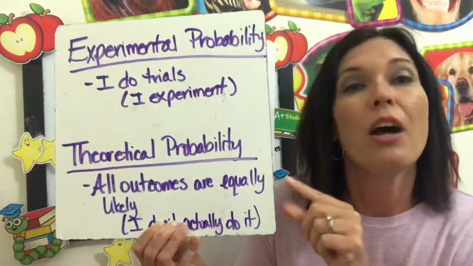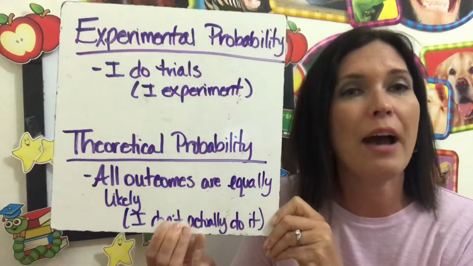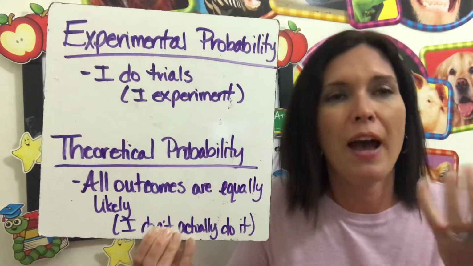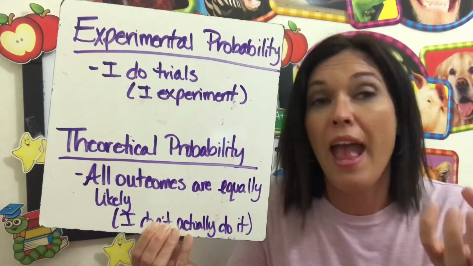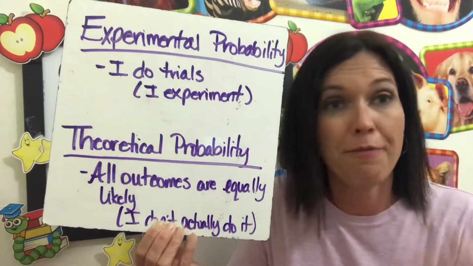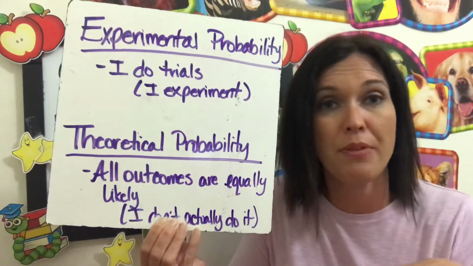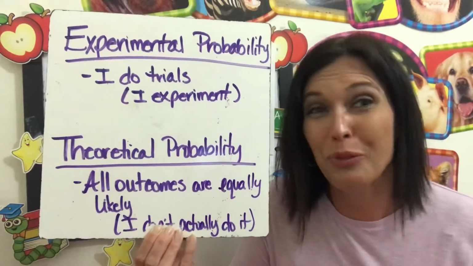There's also something called theoretical probability, and this is used when all of the outcomes are equal. Meaning, if I have a bag of marbles and 5 of them are red and 5 of them are blue, nothing is changing. I'm always picking out the same thing. Then I would say, well, what's the chance of pulling out a blue marble?